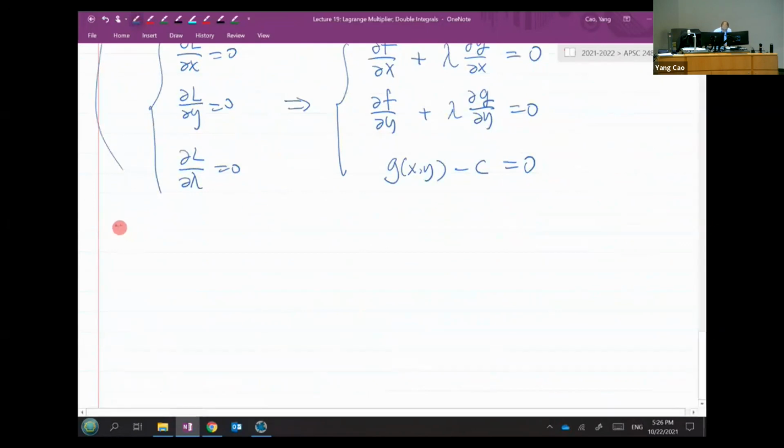All right, so now let's take a look at an example together. See how we can use the Lagrange multiplier approach to solve a constrained problem.